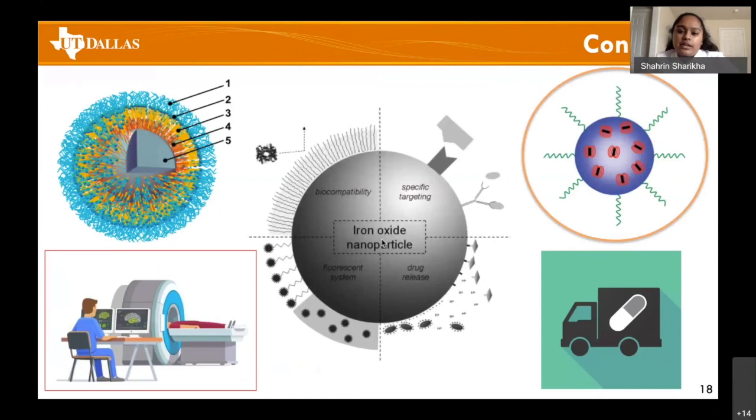Some of the drawbacks are that it can be hard to get monodispersed nanoparticles, or ones that have the size that is preferred by the scientists. And so these are just some areas that are still being looked into and further researched. Yeah. Thank you.